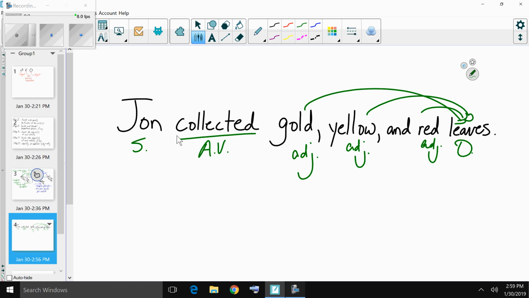Okay, now the word in between yellow and red is a conjunction. Very good. It's something called a coordinating conjunction. You were taught this when I was absent. There are 7 coordinating conjunctions: and, but, for, nor, or, so, yet.